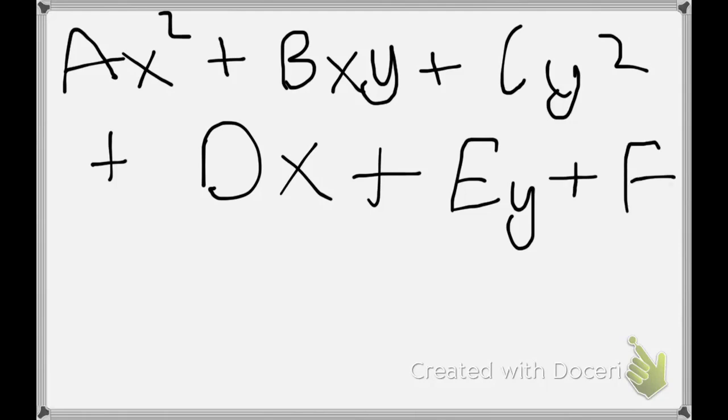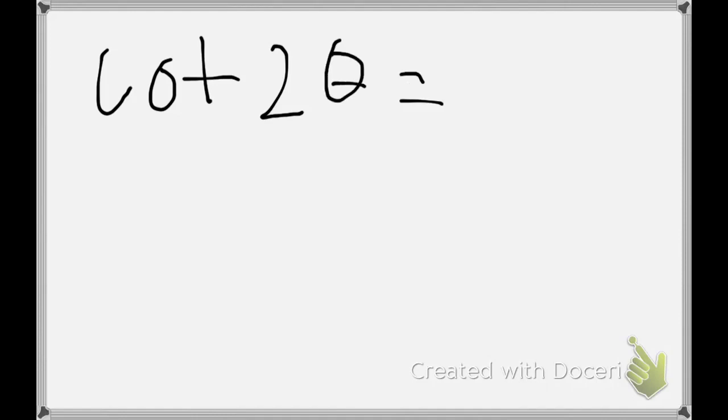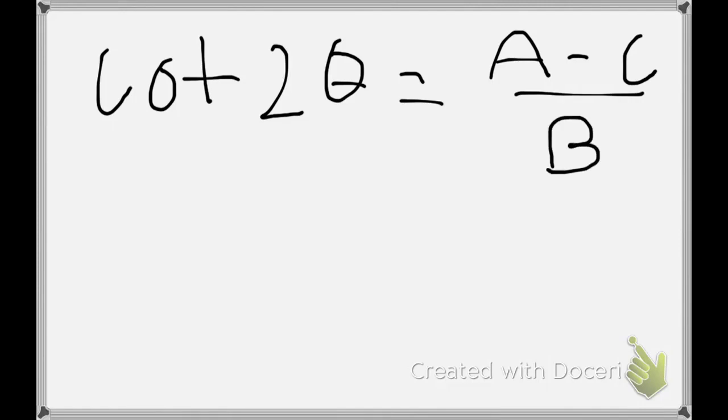Very long. And another equation, which helps you rotate axes to eliminate the xy term, can be defined as cotangent of 2 theta equal to a minus c over b.